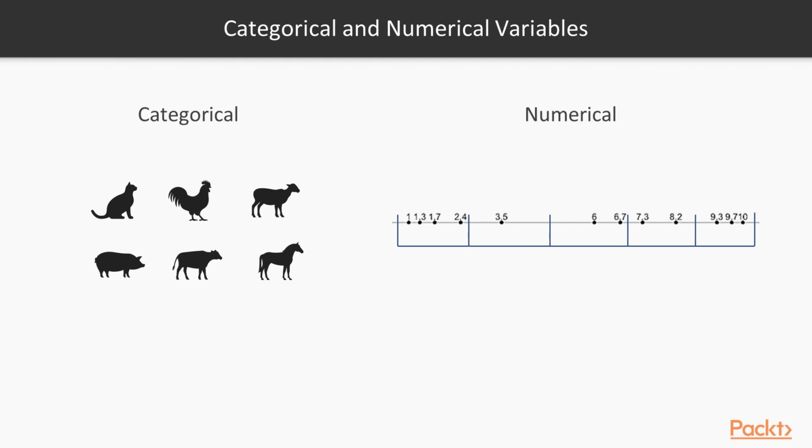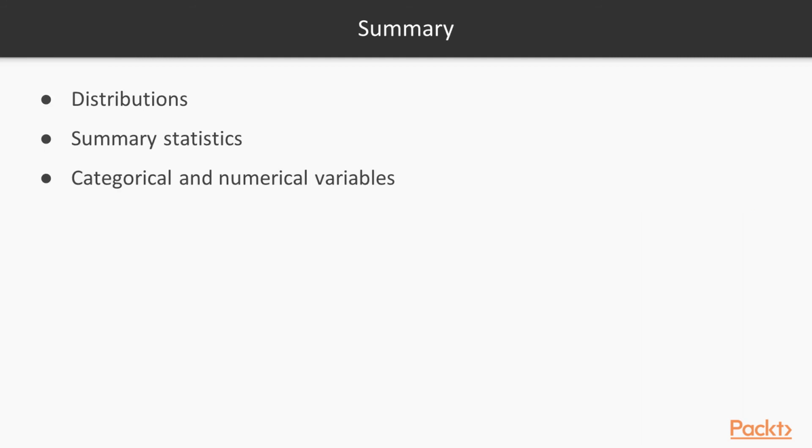This is a useful tool because it allows you to apply on your variables models that would be otherwise impossible to apply. Okay, then let's recap what we have just seen here: the concept of distribution and why it is important for our analysis, the idea of summary statistics and their possible use, and the distinction between categorical and numerical variables.